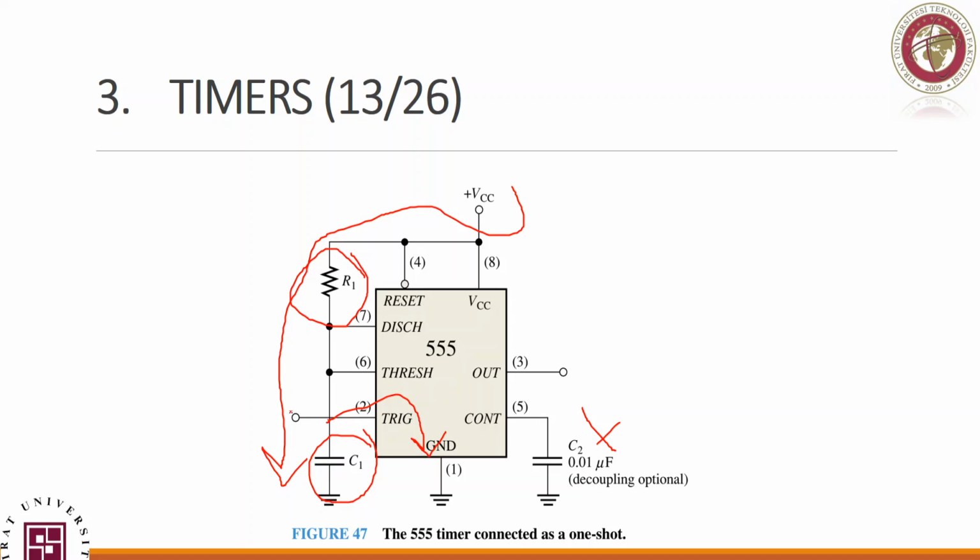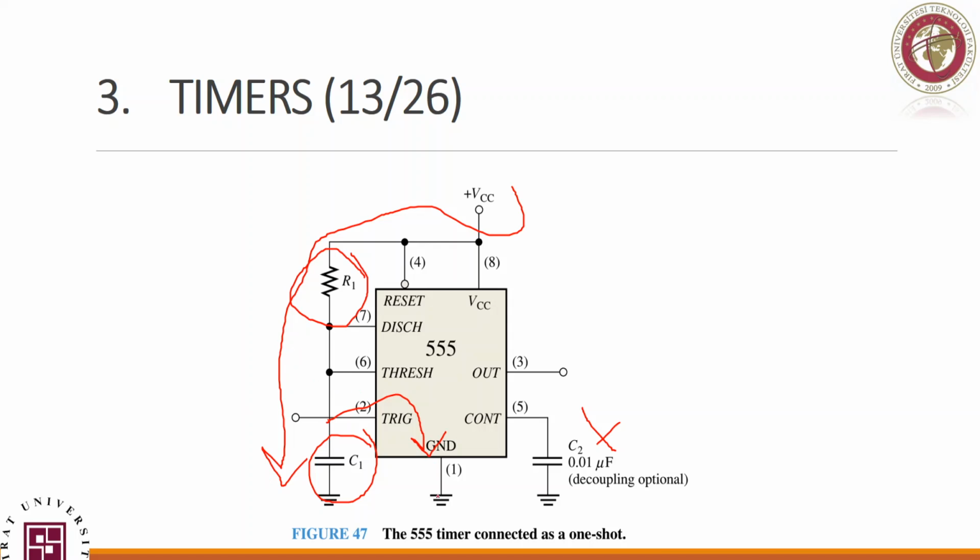If we trigger here, if we apply a trigger to pin 2, what will happen? In other words, we are giving an instruction to the internal transistor to go off. If it goes off, this capacitor has no way to discharge, and the path from VCC, the supply voltage, through R1 to C1 will start going.